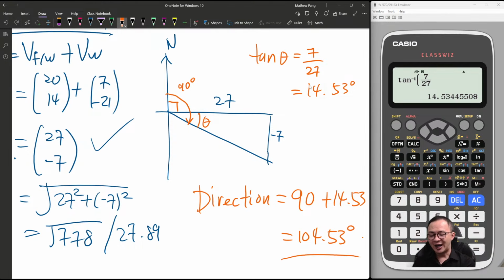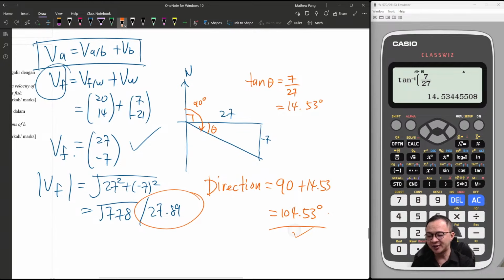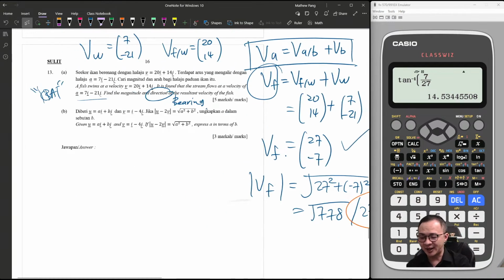So therefore, I know the fish swims at 27.89 meters per second in the direction of 104.53. Okay, this is how we solve this kind of K-bar question. Yeah, once you understand it, it shouldn't be too difficult, but if you don't get it, it might be hard for you.